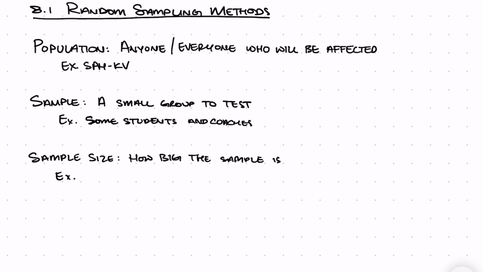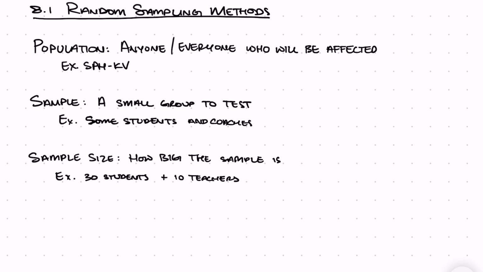So maybe I just need to test out, let's say, 30 students. And for the teachers, maybe I will test out 10 teachers. Right, so about 40 people in total. So you see how now we have the population, who's anyone who will be affected, the sample, the small group you're going to test out, and the sample size is how big you want that group to be.